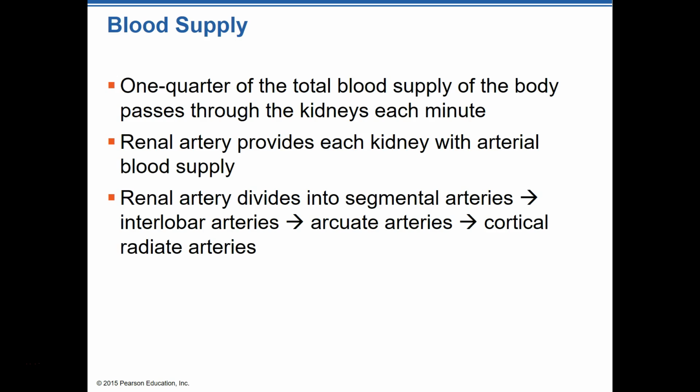Okay? So, like I said, a quarter of the total blood supply goes through the kidneys every minute. The renal arteries provide each kidney with the arterial blood supply that's coming from the heart. It divides into segments, and it gets smaller and smaller and smaller. And then it's got cortical radiate arteries and that kind of thing.